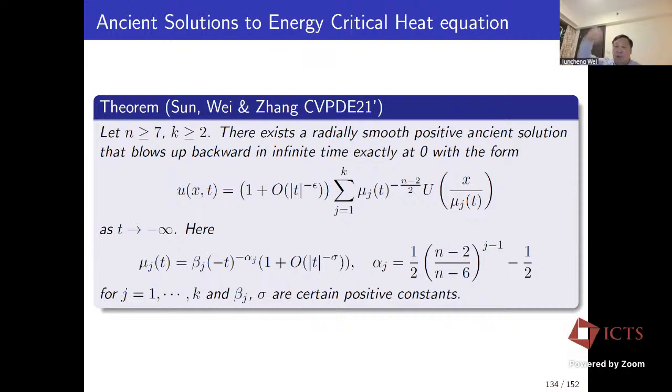So in the forward solution it is sign changing, but in the ancient solution we get positive ancient solutions, and the blow-up rate is like this. When t goes to minus infinity, the blob is t to the minus this power. Okay, and so this is a bubble tower, ancient bubble tower at infinity.